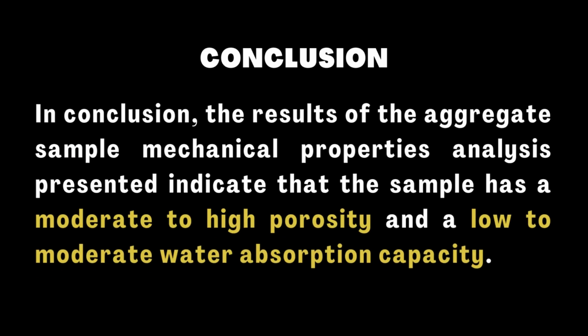In conclusion, the results of the aggregate sample mechanical properties analysis indicate the sample has a moderate to high porosity and a low to moderate water absorption capacity. The sample is relatively dry and has a normal density of 1,454.1 kg per cubic meter and a bulk density of 1,453.43 kg per cubic meter, suggesting a relatively low porosity, which is desirable for concrete mix design as it can lead to increased strength and durability.